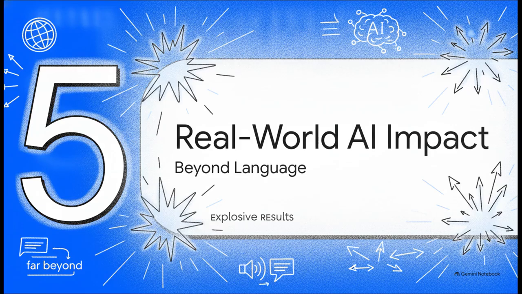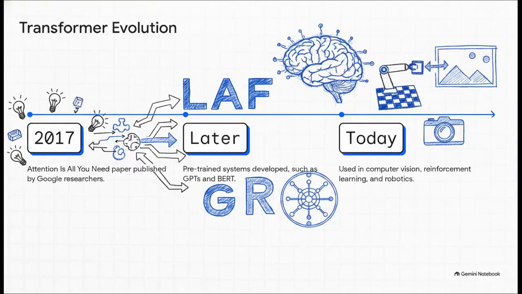Okay, let's look at the real-world AI impact, which stretches way beyond just language. It is wild to see the explosive real-world results of adopting these variations to train massive datasets. The impact has gone so far beyond the initial goal of just machine translation. Just looking at the timeline highlights how rapidly this architecture completely took over the field.